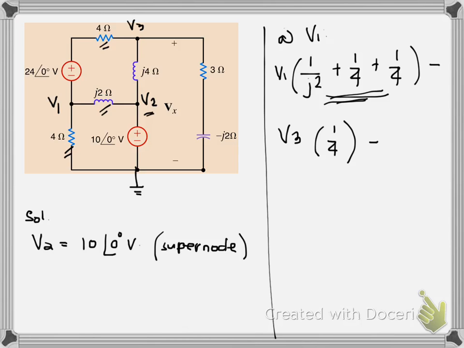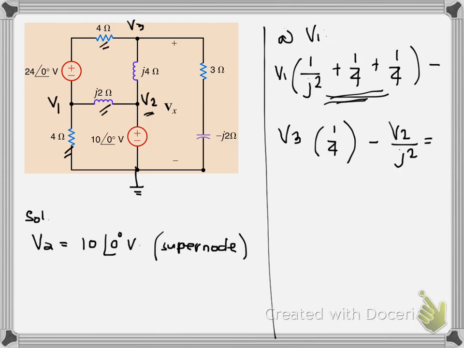And also consider the supernode V2. We have J2 equals the currents coming in and going out of V1. The currents going in or coming out can be identified using KCL.